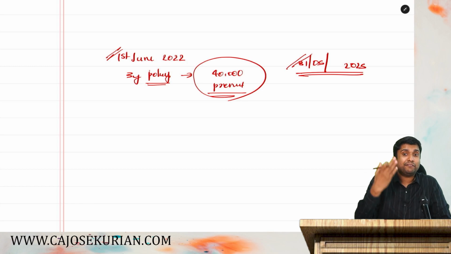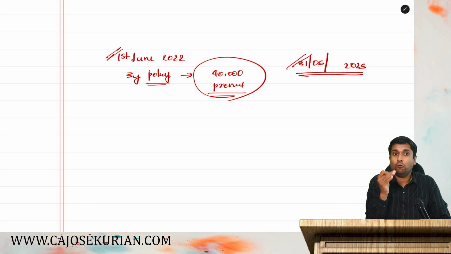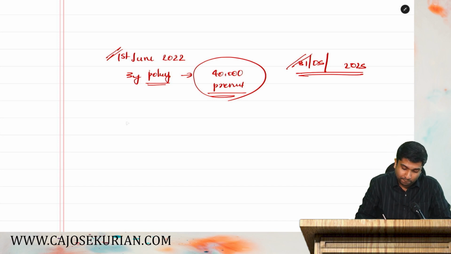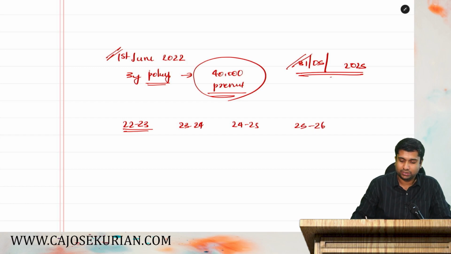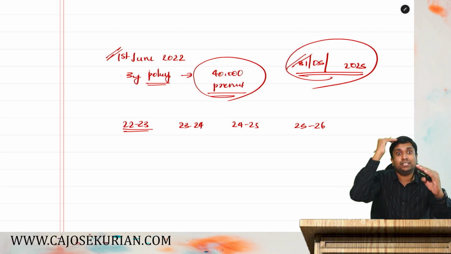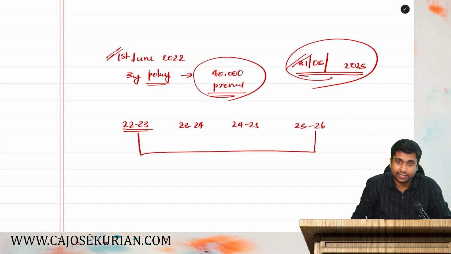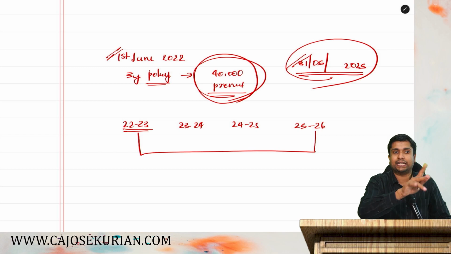How many previous years are involved in this period? Don't say 3. PY 22-23 is there. PY 23-24 is there. PY 24-25 is there. And PY 25-26 is there. Because it ends with 31st May 2025, that May comes in the 25-26 bracket. How many years are there? 4 years are there. So this premium has to be divided by 4, not by 3.